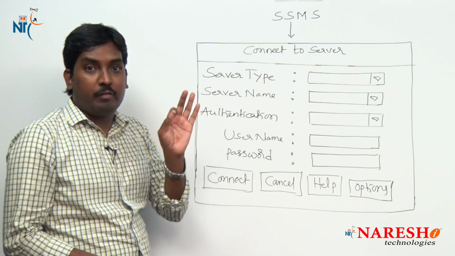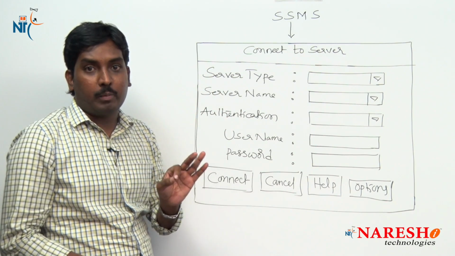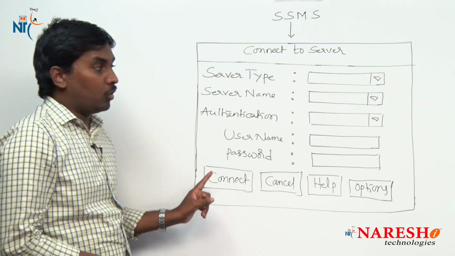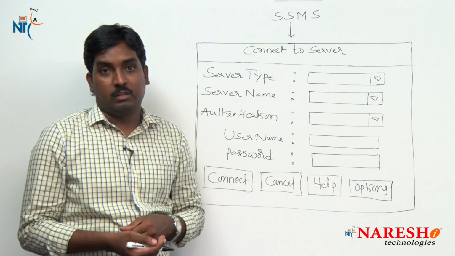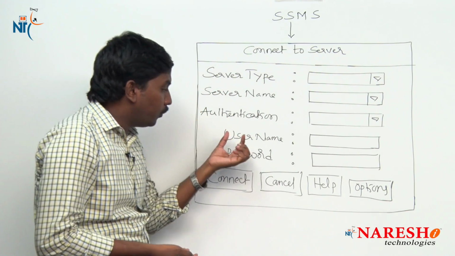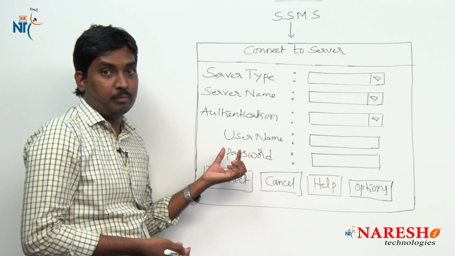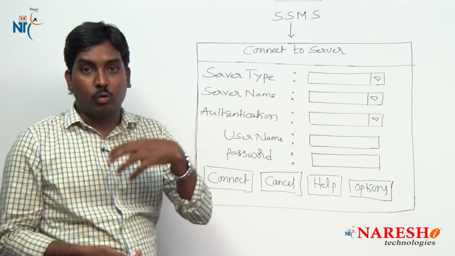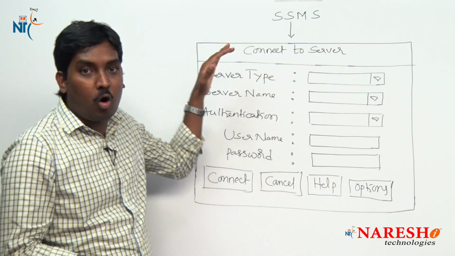After setting each option as per your requirement, I click on the Connect button. But before I set the server type, server name, authentication, and find out my username and password, first of all we have to know the information about these options.